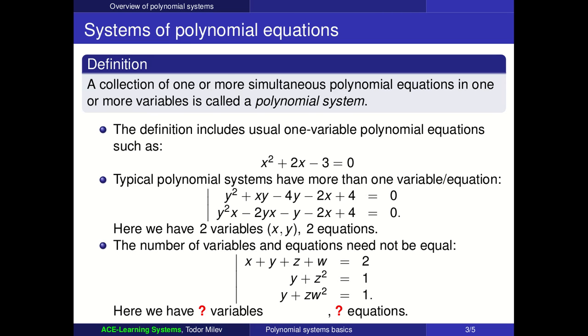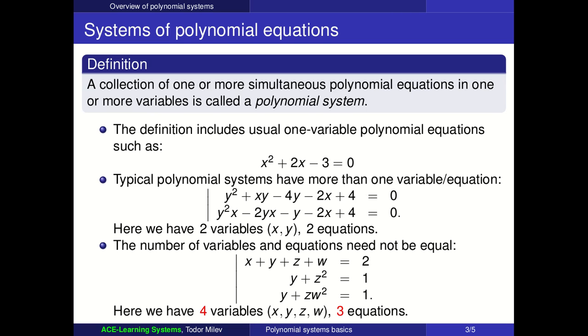The number of variables and equations need not be equal. For example, we could have the following system: x plus y plus z plus w equals 2, y plus z squared equals 1, and y plus zw squared equals 1. This system would have 4 variables, I'm sure you guessed it correctly, but it only has 3 equations.